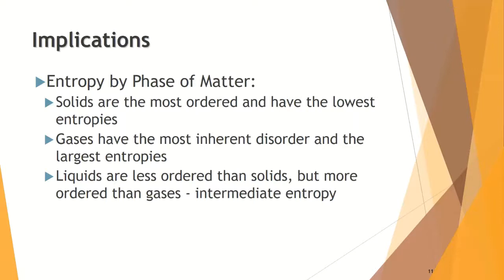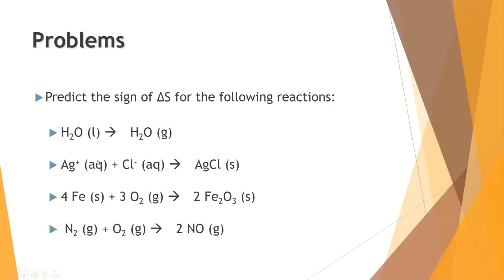They have the most inherent disorder, and therefore the largest entropies. And then liquids are somewhere in the middle. Now, liquids do tend to shade more toward the solid side than the gas side, just because there's a lot less freedom of movement. But there is an in-between here, because they are not nearly as ordered in terms of their organization. They don't form crystalline structures. They are a little bit more loose, a little bit more disorganized as a result.